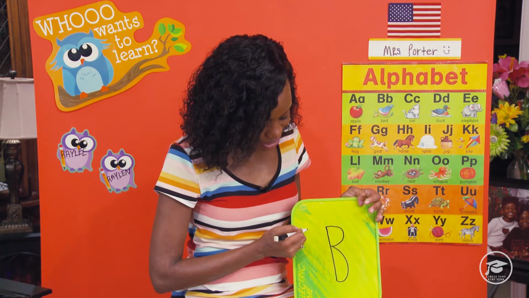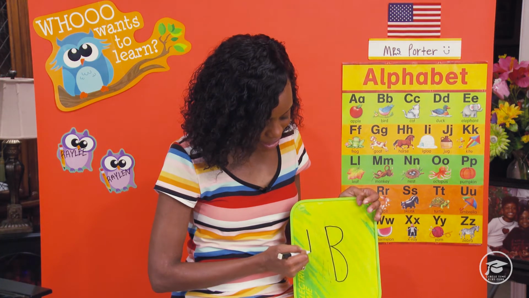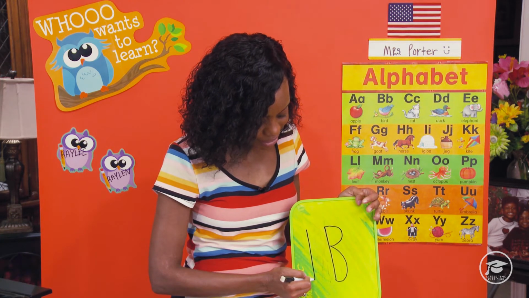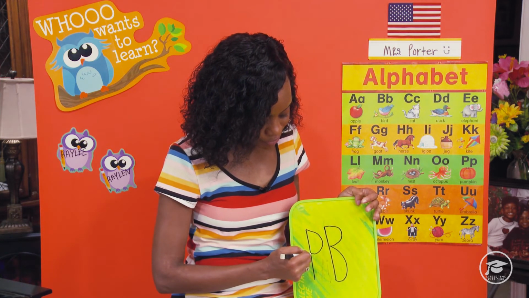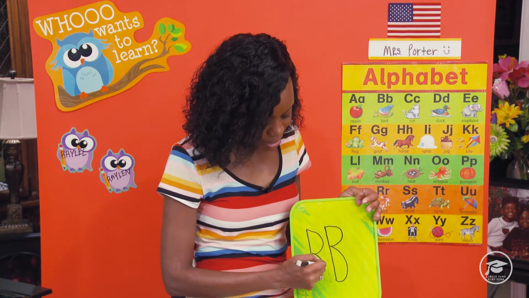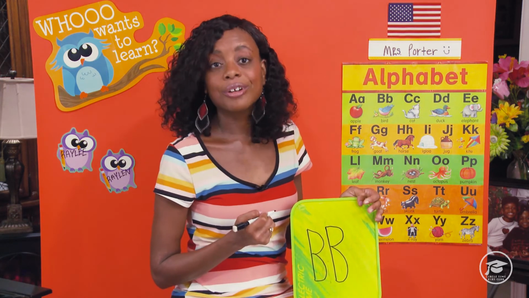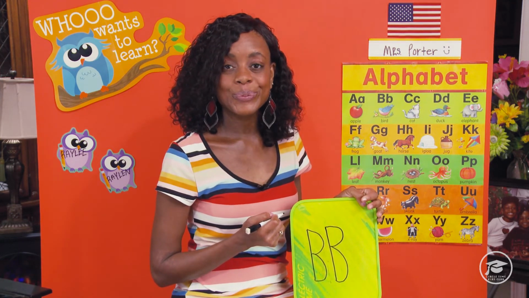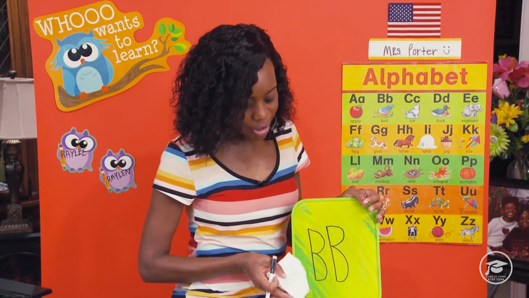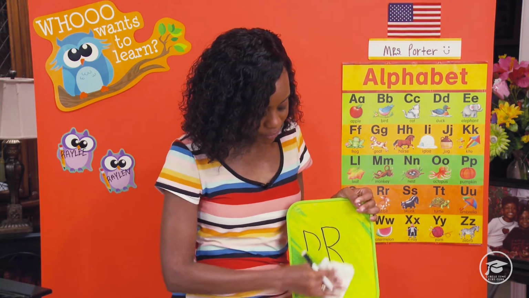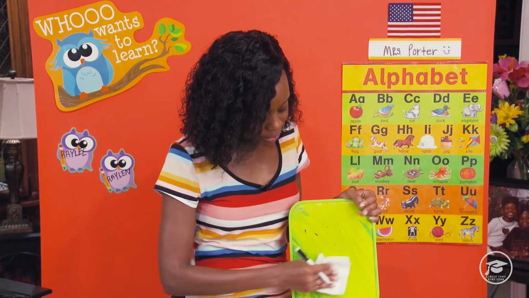So now let's do it again. Line straight up and down. Stop. A half a circle. And another half a circle. B. Okay? Now, let's draw a baby bee.